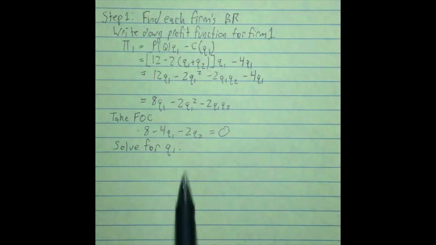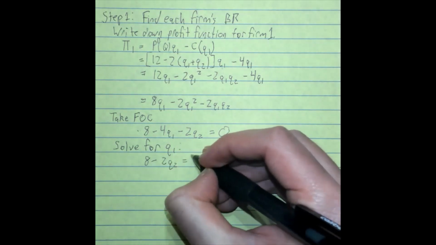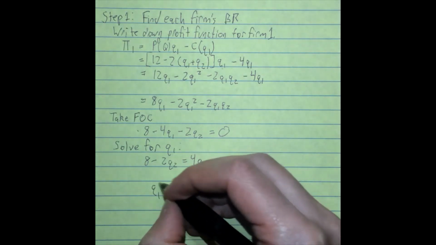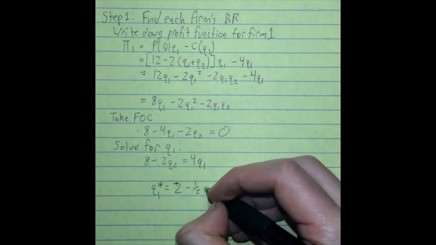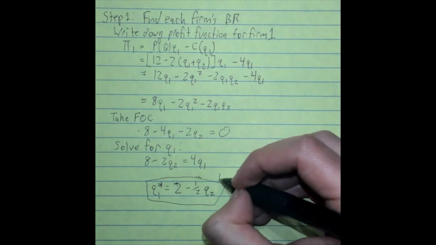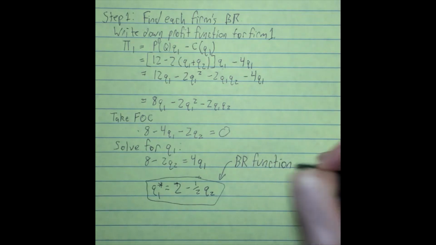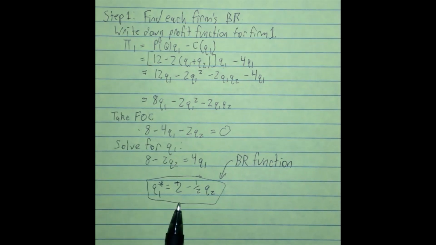We get 8 minus 2Q2 equals 4Q1, or Q1 star is equal to 2 minus 1/2 times Q2. This is our best response function. For any Q2, this tells us the optimal Q1, the profit maximizing quantity for firm 1.